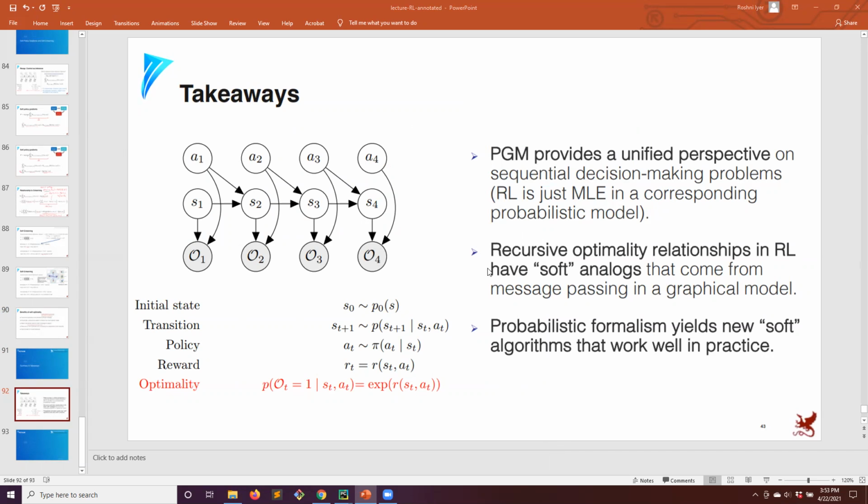Another interesting thing is that these recursive optimality relationships in RL are recursive because the value function and the Q function can be represented recursively. They also have these soft forms where they use the softmax function, and that's interesting. And lastly, these algorithms do work well in practice.